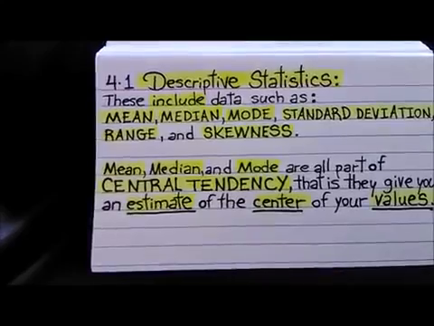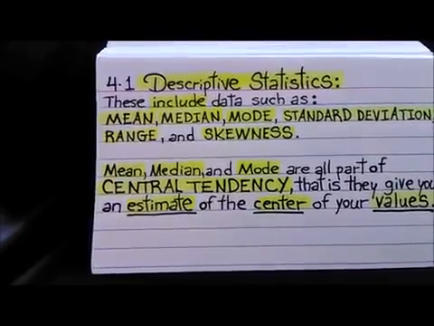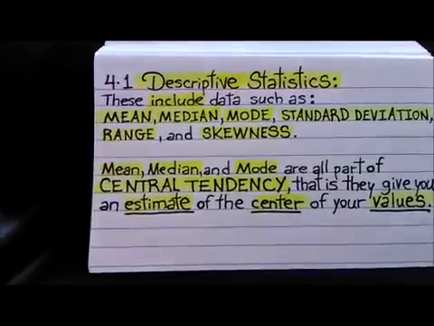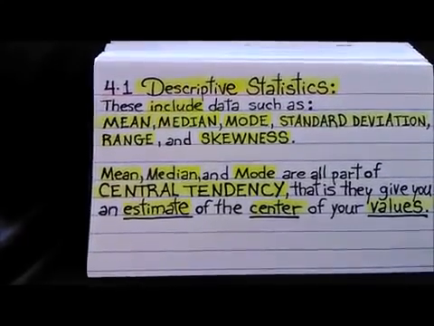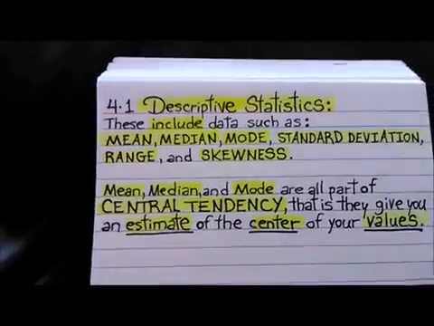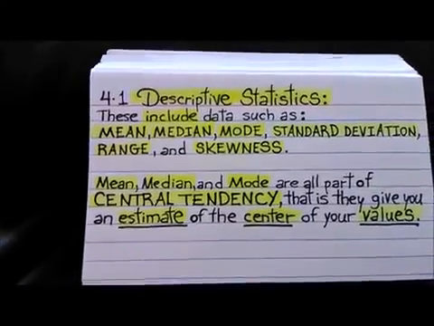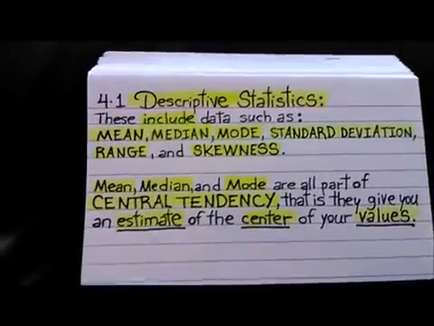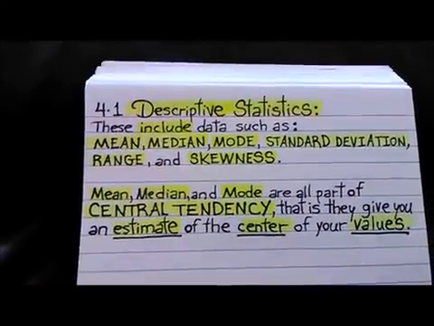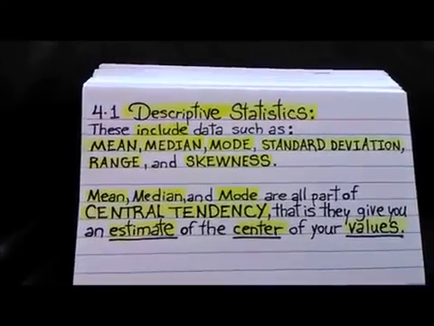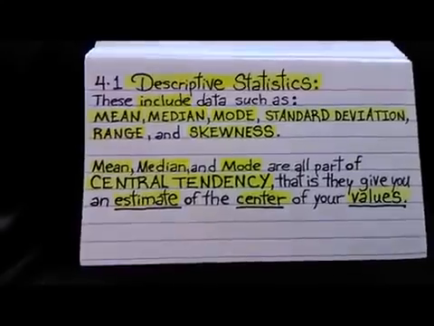Descriptive statistics. These include data such as mean, median, mode, standard deviation, range, and skewness. The mean, median, and mode are all part of the central tendency. That is, they give you an estimate of the center of your values.